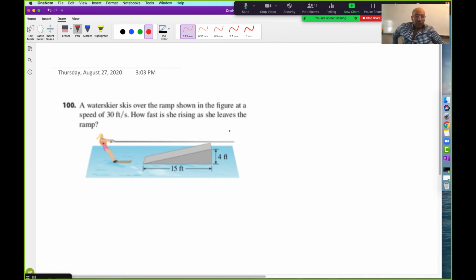How fast is she rising as she leaves the ramp? Okay, so classic question that's going to lead to something that looks like this.